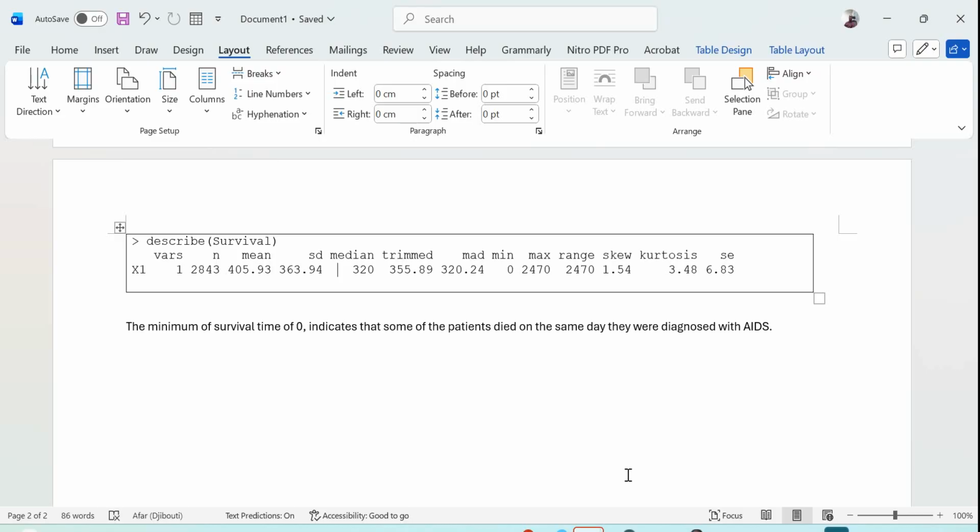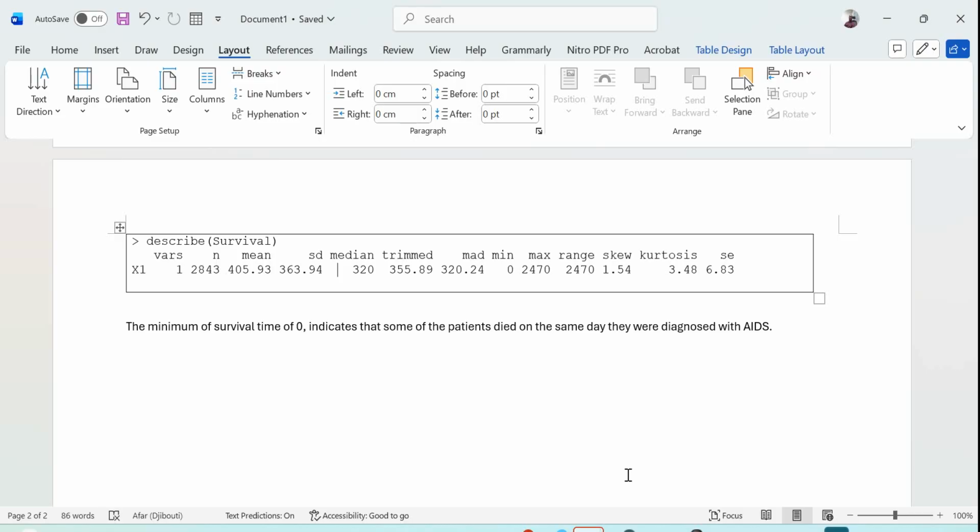Okay. What else can you say about the table? The average is 405. The average is what? Average is 405. So they are higher deviation.